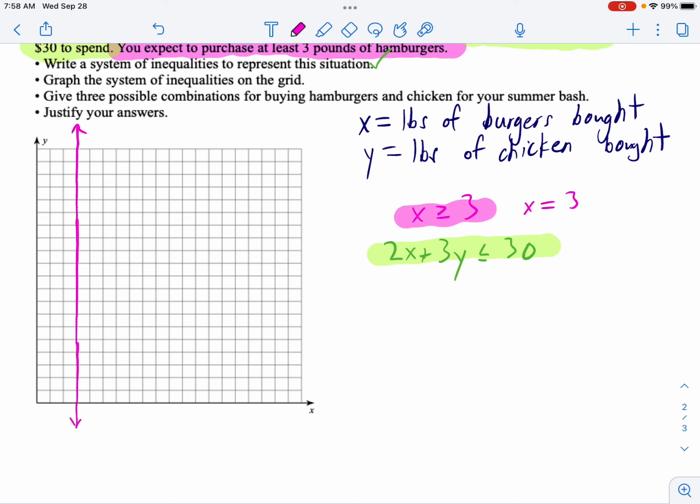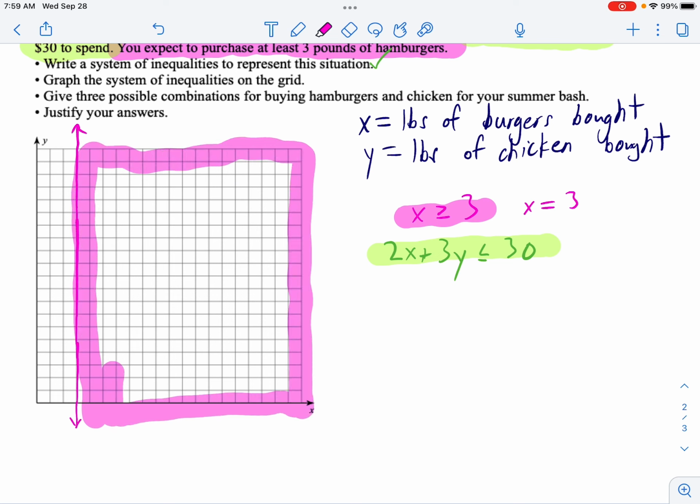All right. Let's shade, okay? So this is the line where X equals 3. I want to shade all the X's that are greater than or equal to 3. So X greater than means I'm going to the right because X increases as I move to the right on my graph. So I'm going to shade to the right.